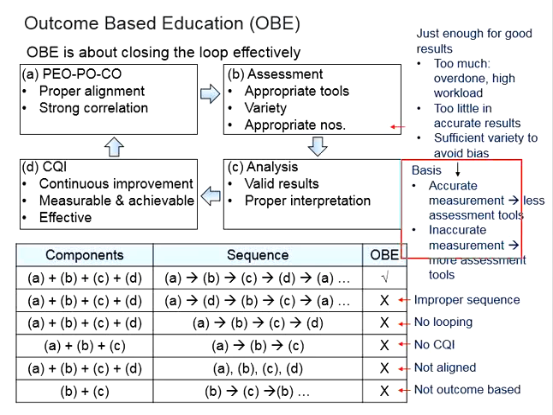Now, this elaborates what it means by just enough for good results. Let's say now you can do really accurate measurement. The measured result closely resembles the reality, and the assessment tool is very effective. Then you will need fewer assessment tools.